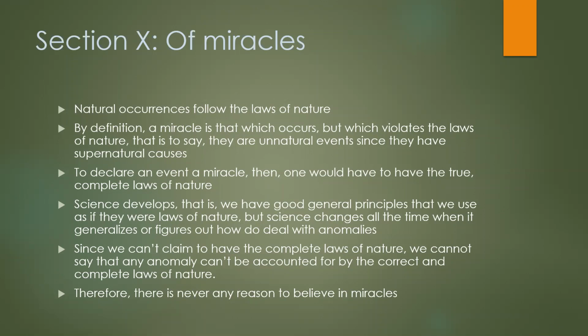Because if it's in accord with the laws of nature, then nature itself is the cause of it. If we want to say that the cause of this event is supernatural, then it can't be possible to explain it by the laws of nature. It has to violate the laws of nature. What does that mean? Well, it means that anyone who wants to declare any given act a miracle would have to have the true, complete laws of nature, right?